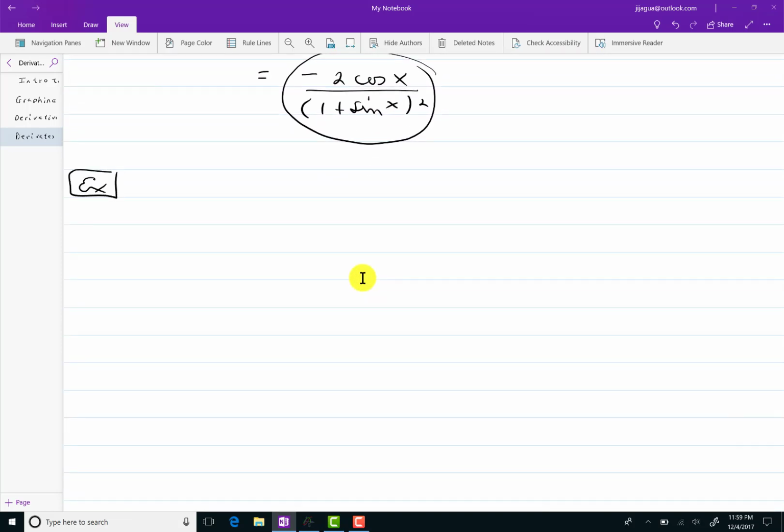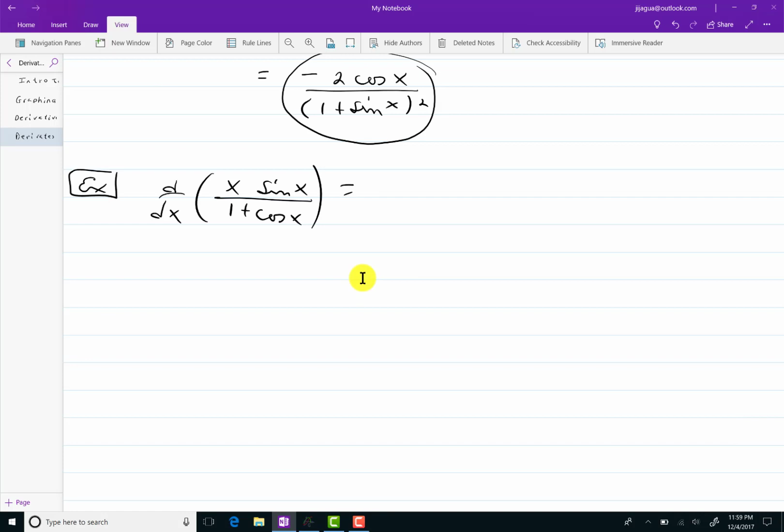Let's try d over dx of x sine of x all over 1 plus cosine of x.